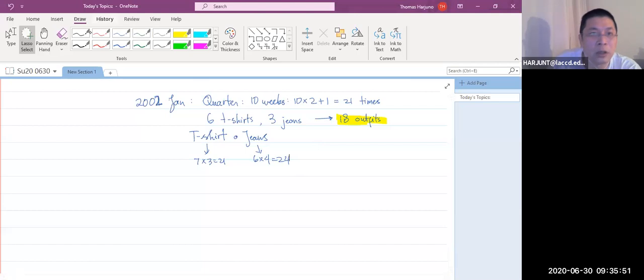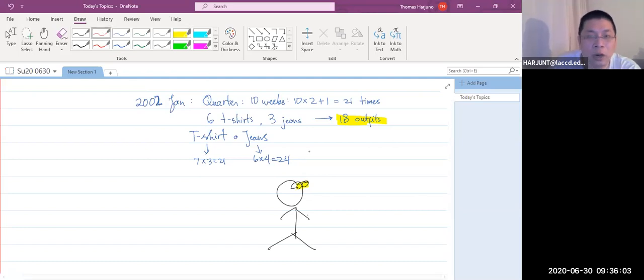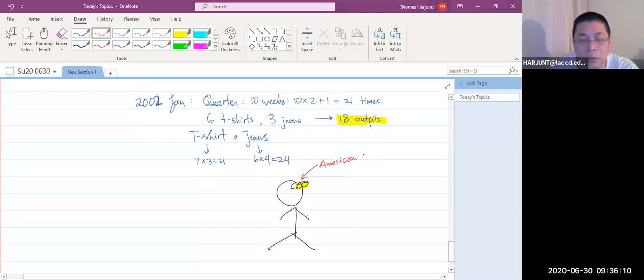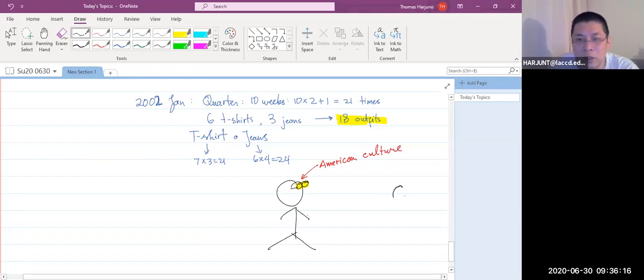You know. Okay, so let's say this is Thomas, right? I lived long enough in America, so my glasses here, the way I see things, I already use American culture to see people in Indonesia. So let me tell you this.